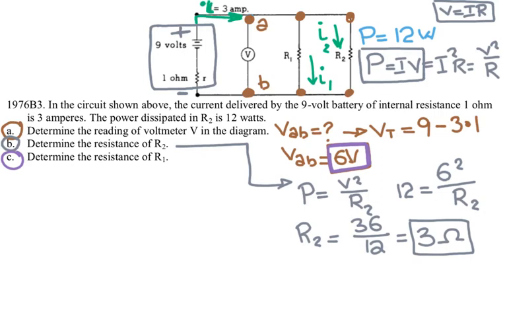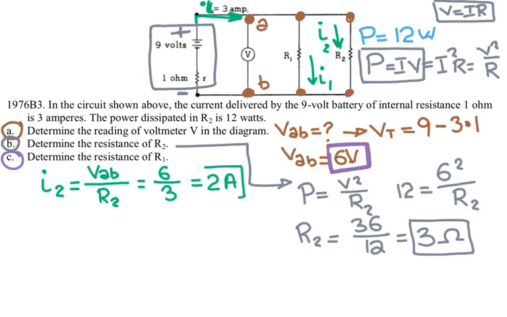I2 is equal to VAB over R2. VAB is 6, the terminal voltage outside of the battery, and R2 is 3. That gives me 2 amps going through the 2 ohm resistor.